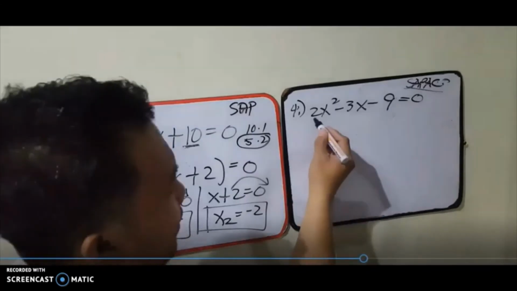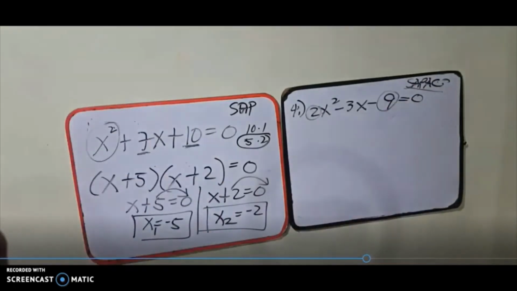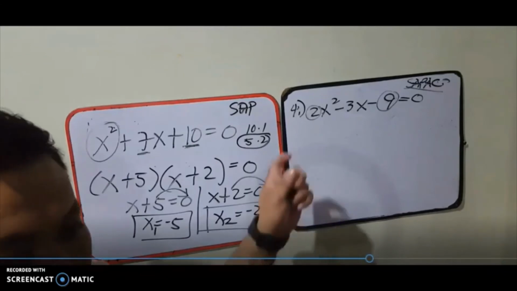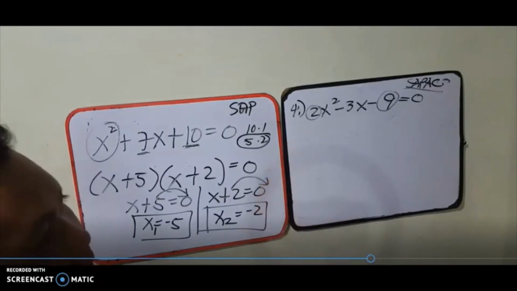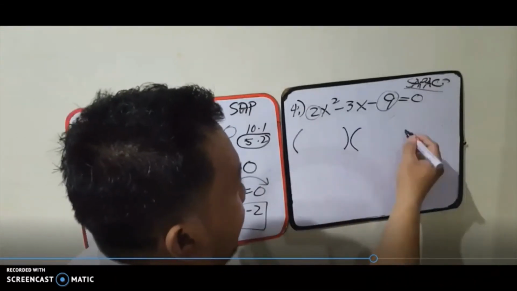How does the AC method work? The A here and the C. That's what we are pertaining to. That's the AC. So how are we going to factor it? We have to form its factors.